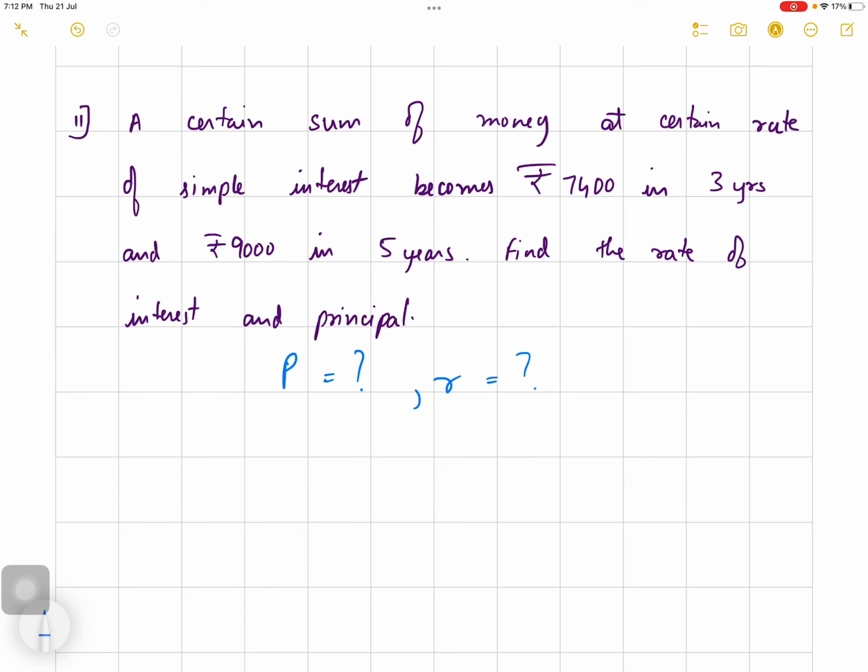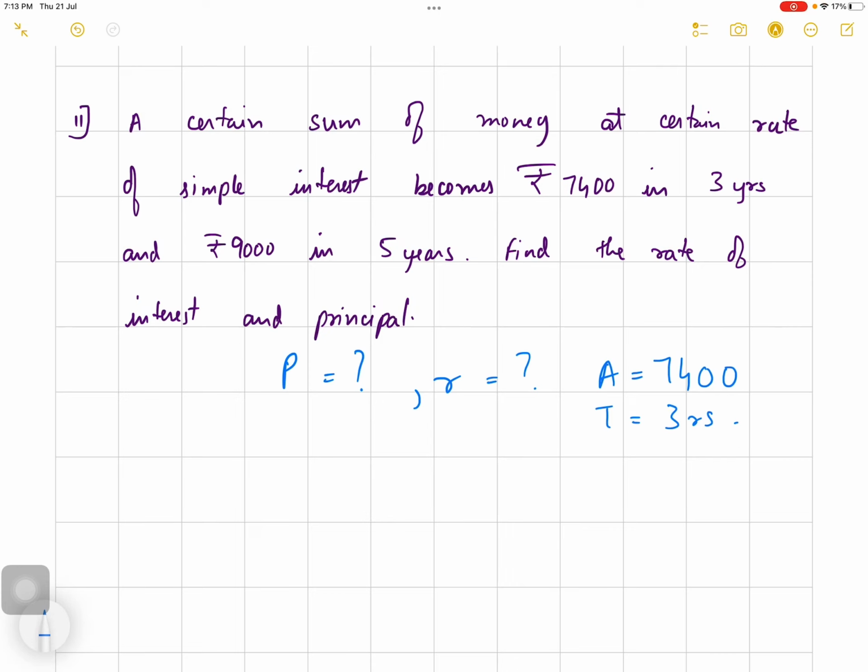The amount will become 7400. So the amount is 7400 in 3 years. So that means T is 3 years. P we don't know, R we don't know.